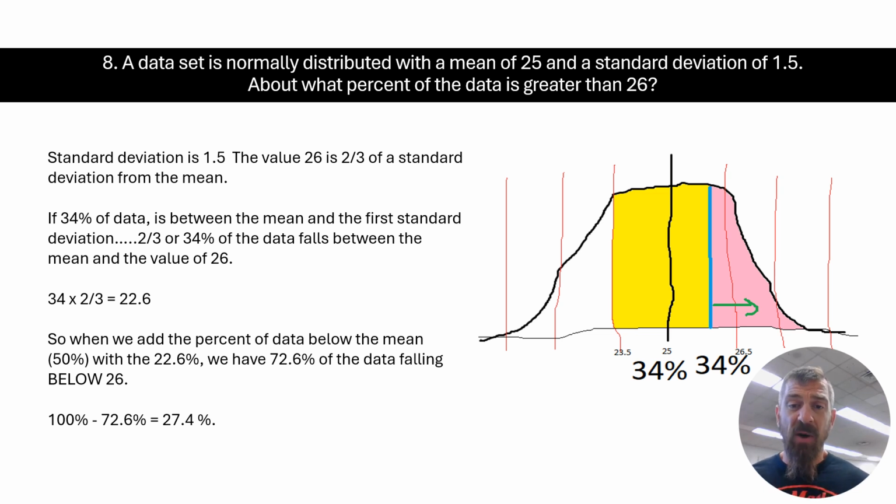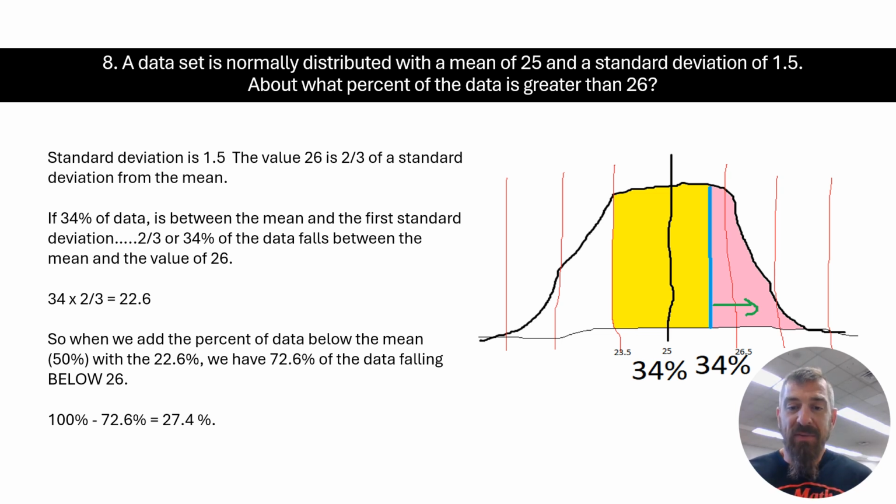It's easier for me that way. So I'm actually looking at the 2/3 of the way towards the standard deviation. 2/3 of 34% is 22.6. So 22.6% of our data falls between the mean and that blue line.